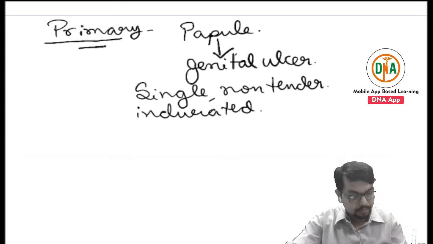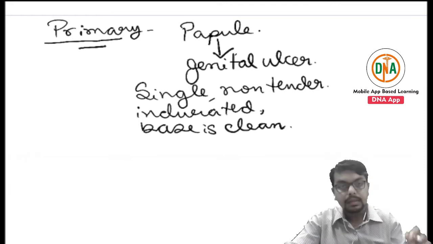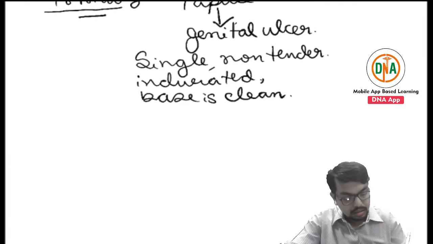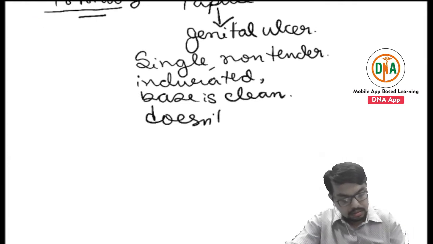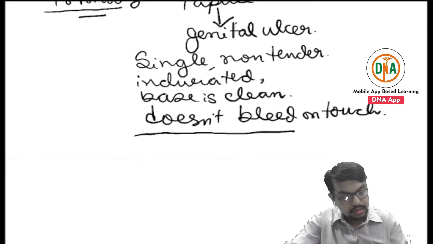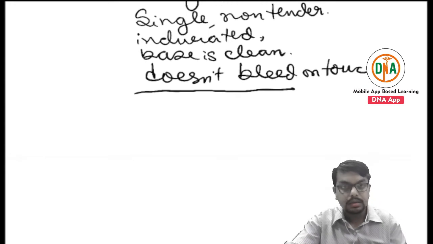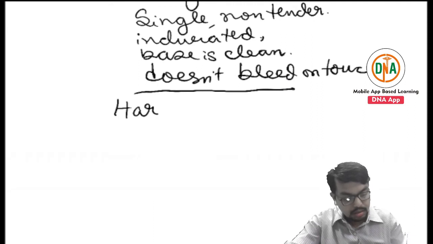The base is clean and it doesn't bleed on touch. These are the characteristic features of the genital ulcer of primary syphilis, and this is known as hard chancre.